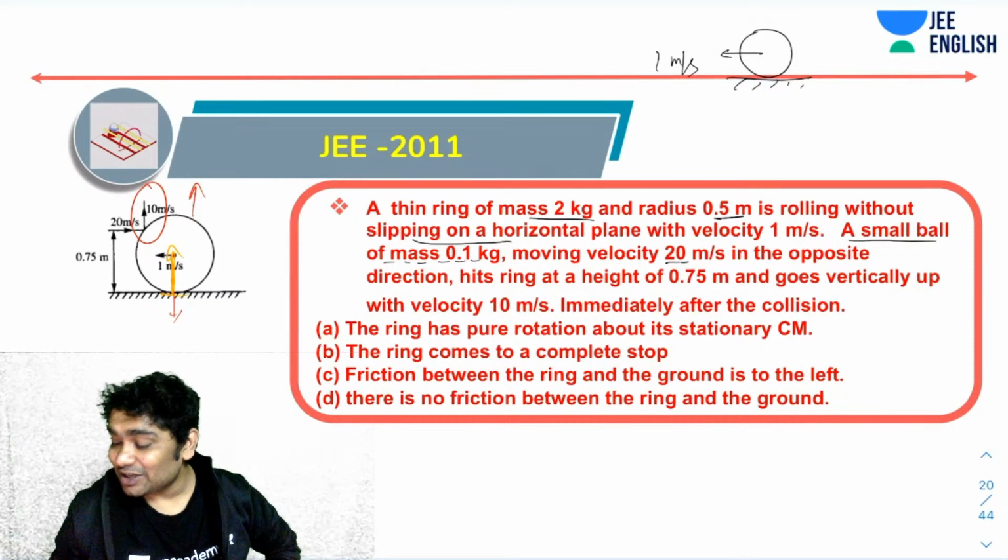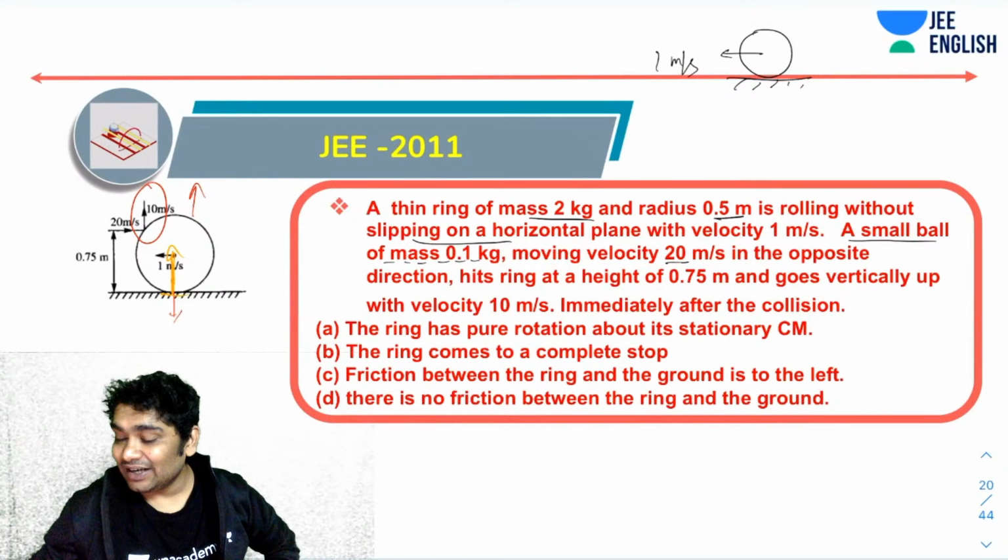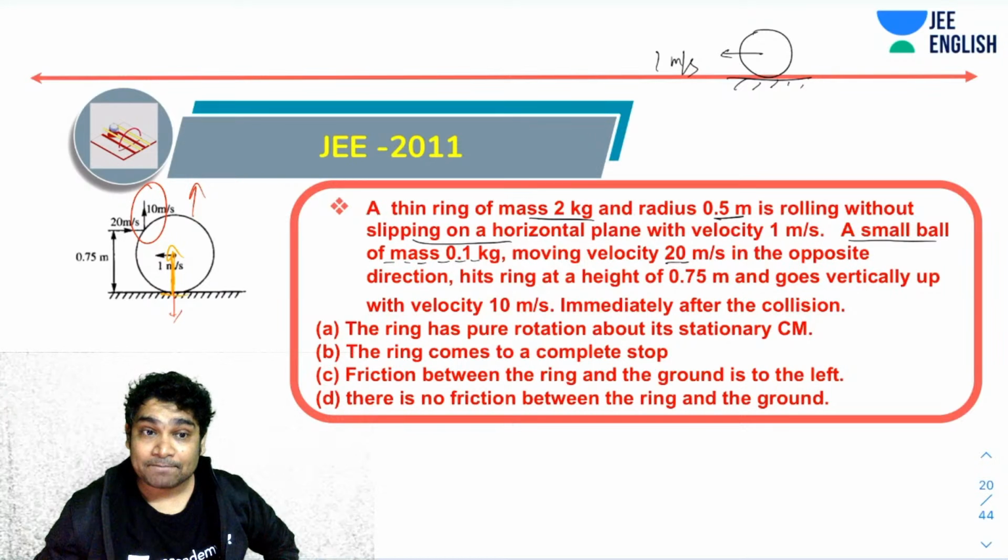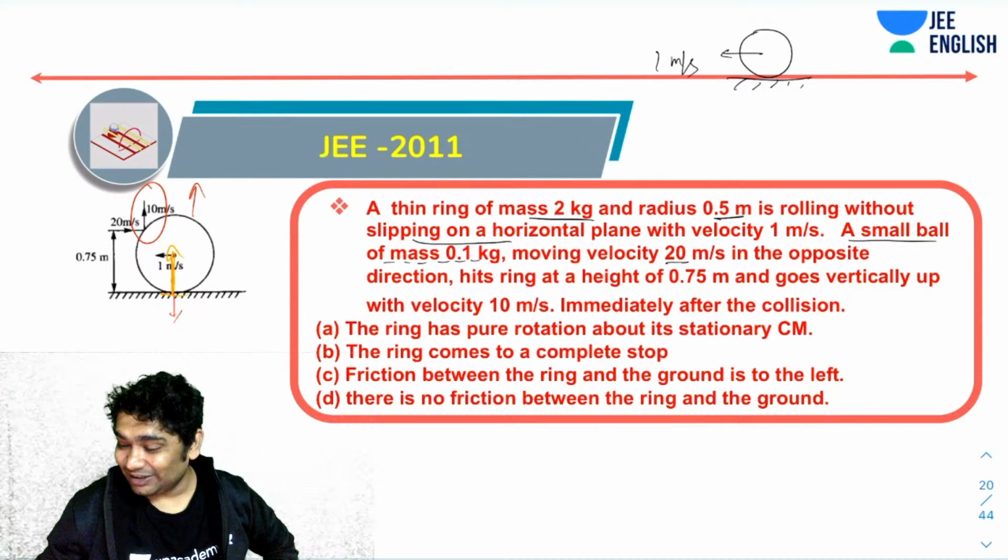There may be a special case where you don't need the impulsive friction. So there may be two, three cases. This is a very, very tricky question. That is what I was telling you guys. So think about this.